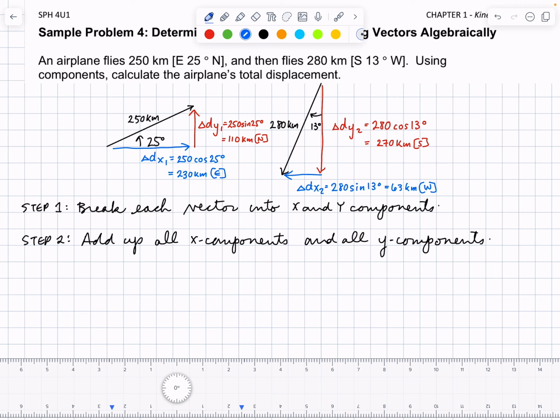So I want to find delta dx total, and it's equal to 230 east plus 63 west.